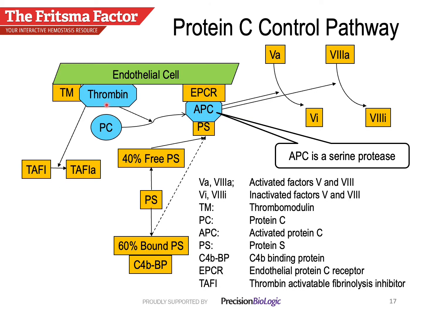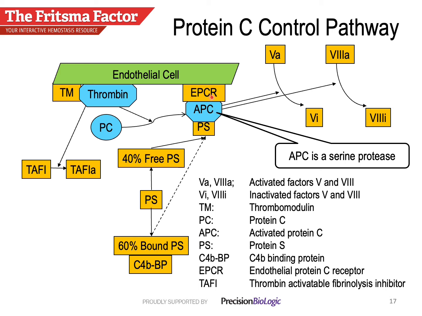Thrombin binds endothelial cell thrombomodulin and activates protein C to form APC, or activated protein C, a serine protease. Free protein S binds and stabilizes APC, while C4b binding protein binds 60% of plasma protein S and lowers its protein C stabilizing activity.